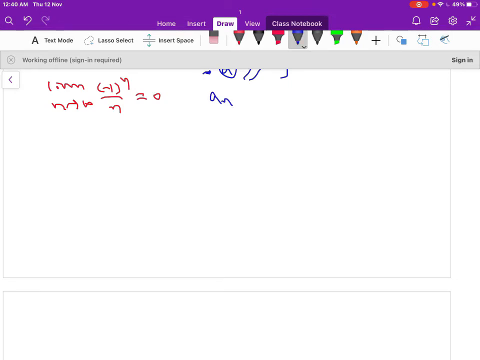Here a_n is equal to minus 1 to the power of n by n and l is equal to 0. So we can show the result in two ways. The first way is a graphical method and the second way is by using the definition of the convergence of a sequence. Let us show it graphically.